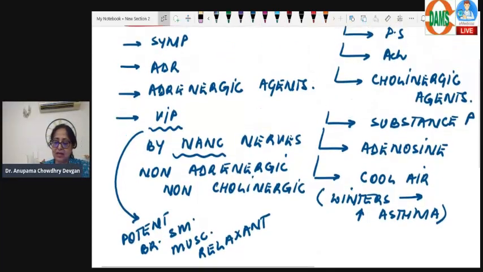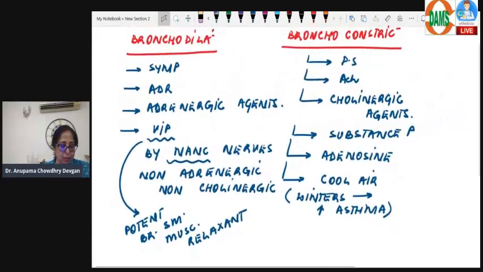So what are the agents which cause a bronchodilation and bronchoconstriction? Sympathetic, adrenaline, adrenergic agents, and VIP, which is secreted by NANC, non-adrenergic, non-cholinergic nerves, are potent bronchial smooth muscle relaxants. Bronchoconstriction is produced by parasympathetic stimulation.